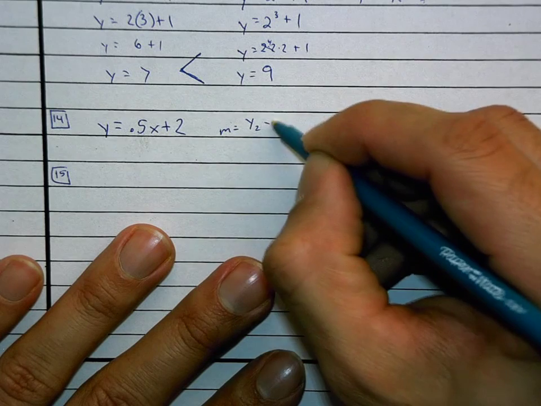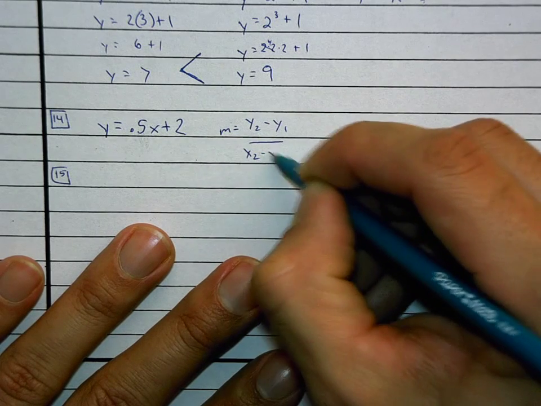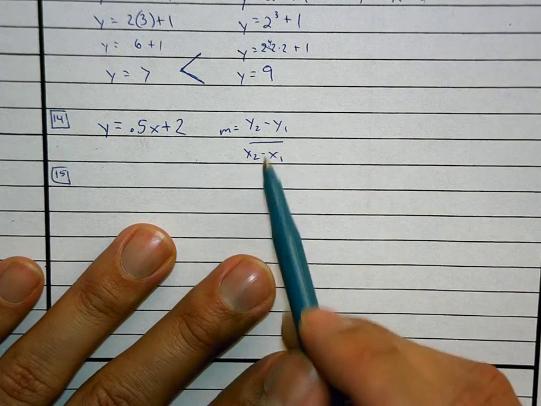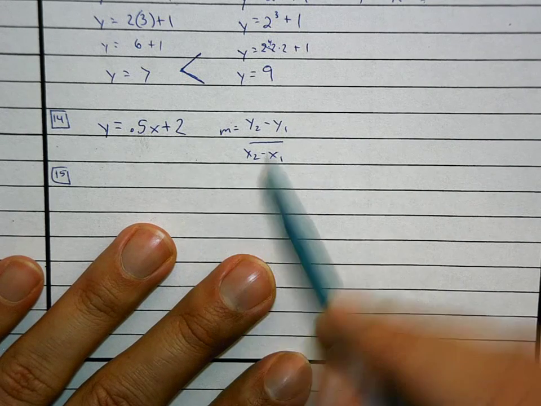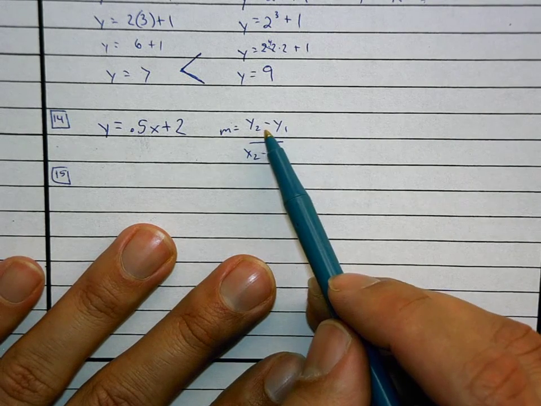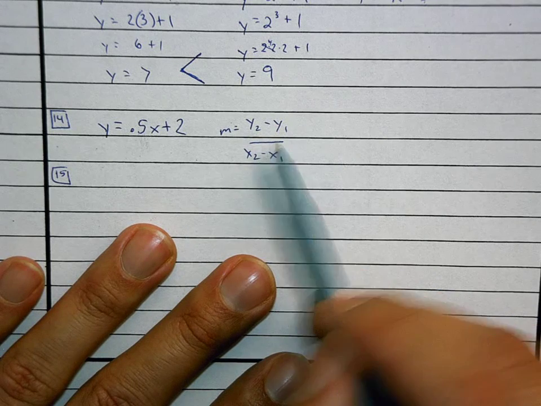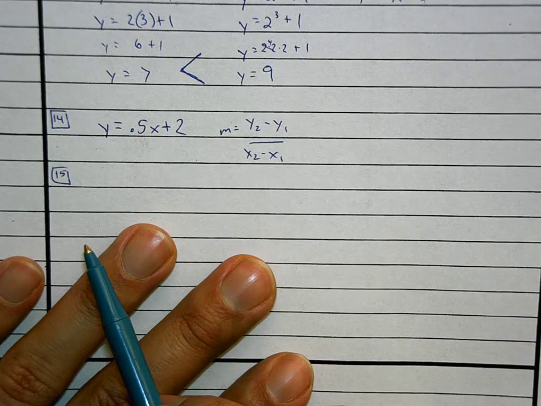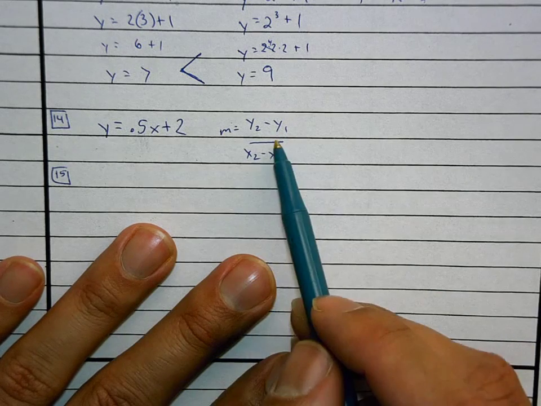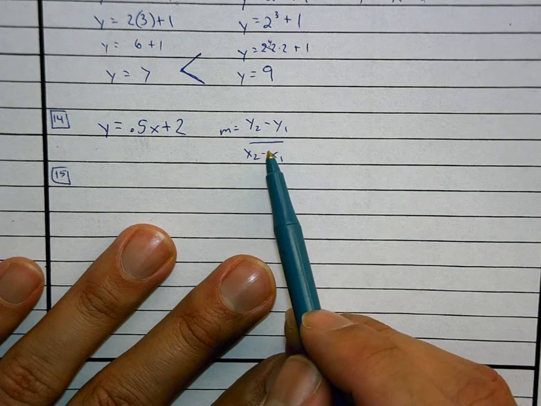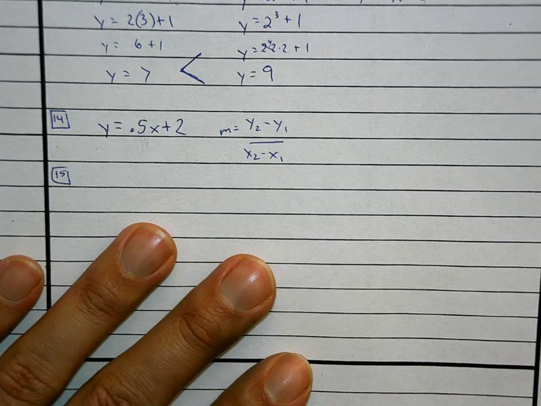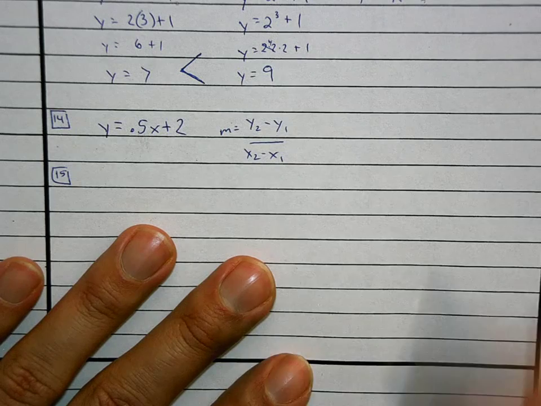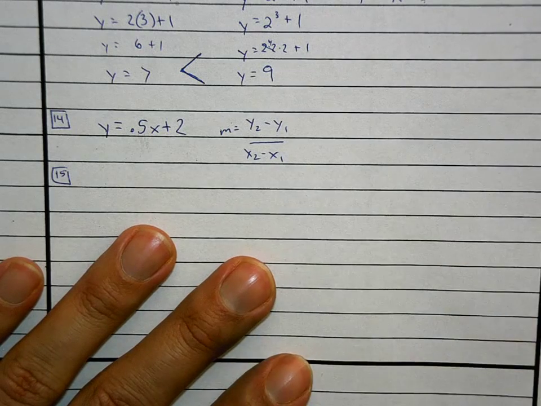I have to use a formula that looks like this: y2 minus y1 over x2 minus x1. That's how we find an average rate of change. That's synonymous with the slope. We're going to find the slope, or the average rate of change, between these two points.